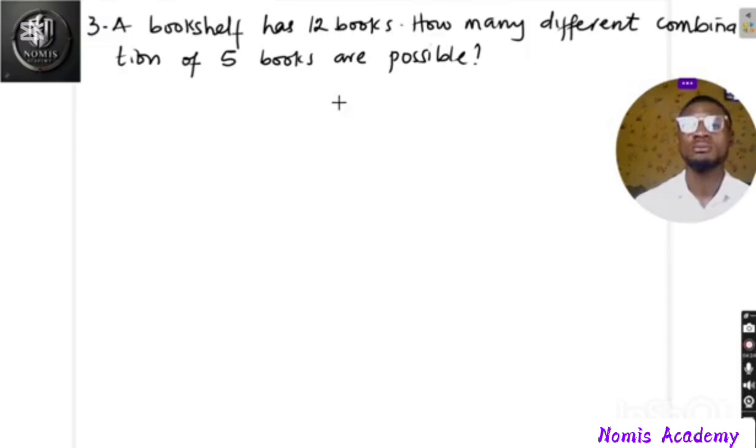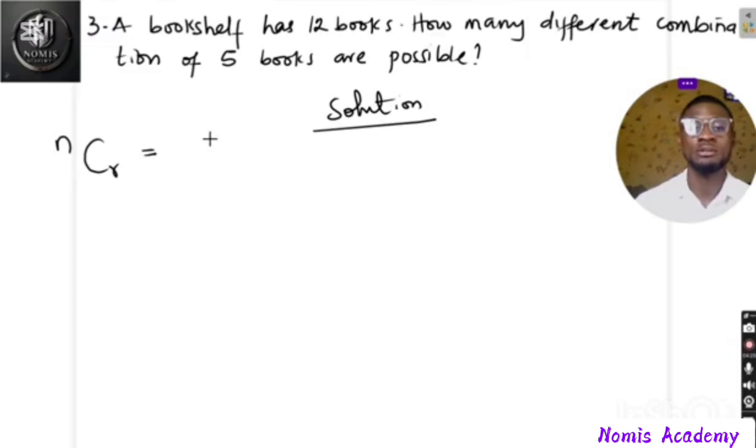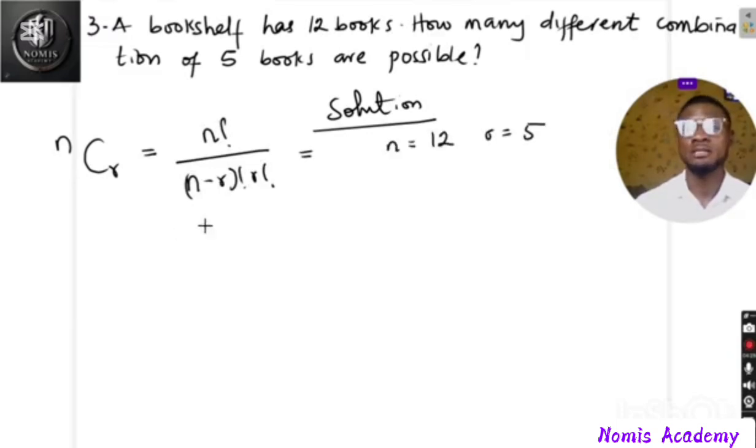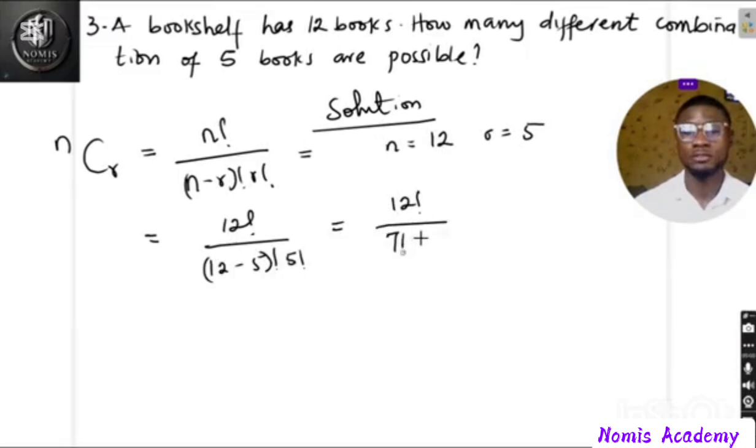Using n combination r, as usual, n combination r is 12 factorial over 7 factorial by 5 factorial.